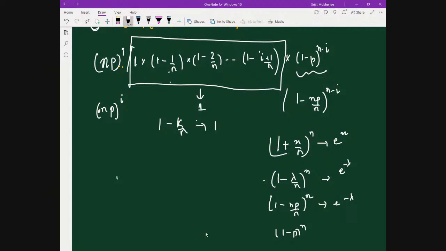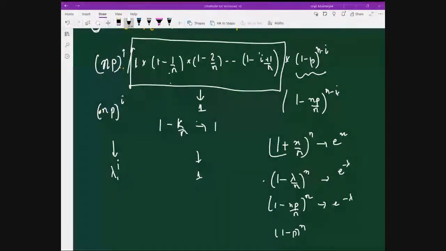Okay, all of you understood the idea now? In the proof, this goes to lambda to the power i, this goes to 1, and this goes to e to the power minus lambda. Did you understand, guys? All of you understood it?